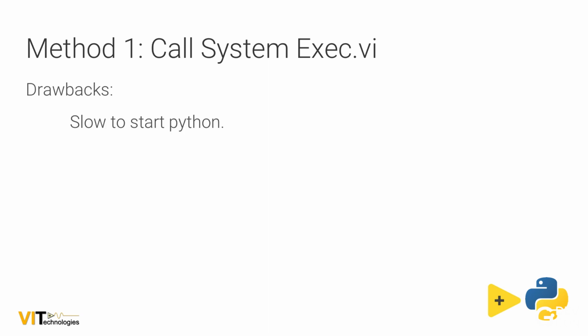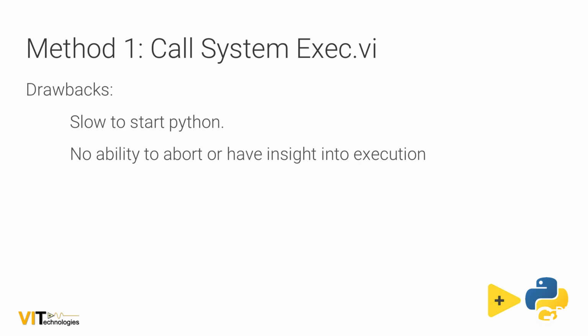What are the drawbacks? Well, it's super slow. Every time you want to call Python through there, it's the slowest of every way that I've tried to connect to Python, by far, by an order of magnitude. You also don't have any ability to abort or have any insight into the execution. You can show the console and see some things if you're printing stuff during your Python script, but other than that, there's not a ton of insight.